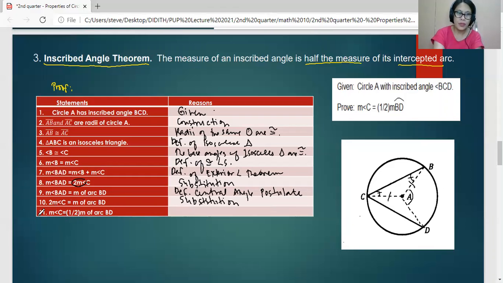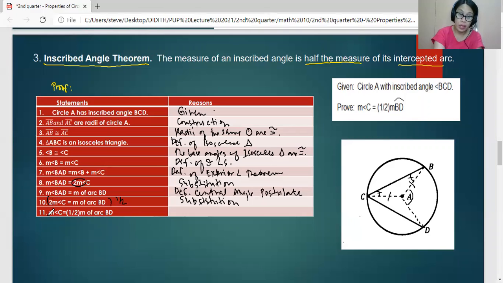Now, from statement 10, we come up with statement 11. We have a constant 2 factor on the left side, and this was canceled, and we got a constant 1/2 factor on the right side. This is because we multiplied both sides of the equation by 1/2. Multiplying 1/2 to 2 makes this 1.